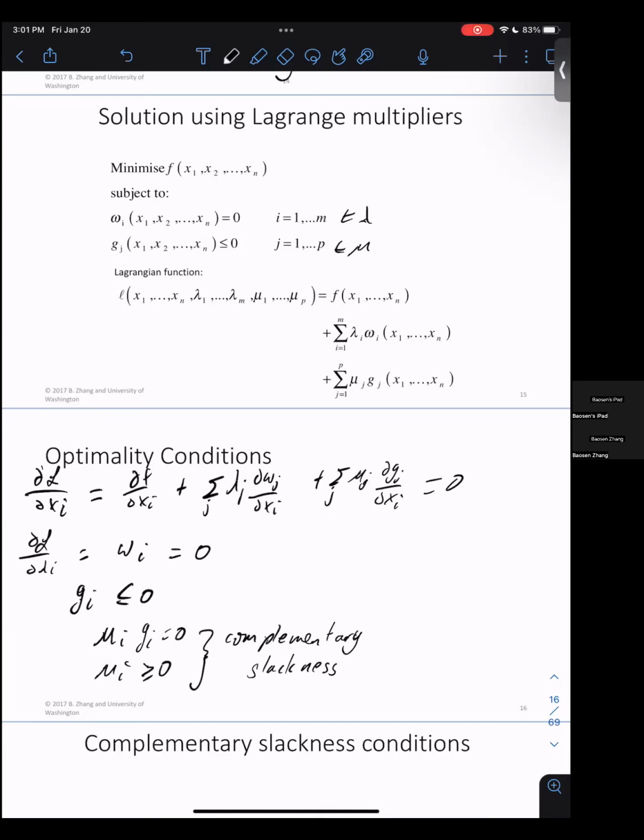Either your constraint is satisfied exactly at 0, or the constraint doesn't matter, and mu has to be 0. This is what the condition is trying to say. There are two possibilities for an inequality constraint: either it's holding with equality, or you can completely ignore the constraint. This is what complementary slackness is trying to say.